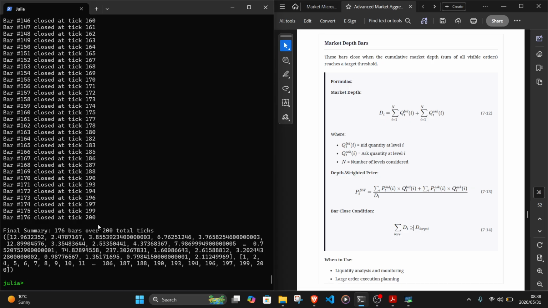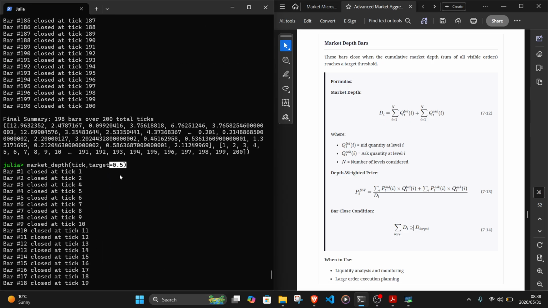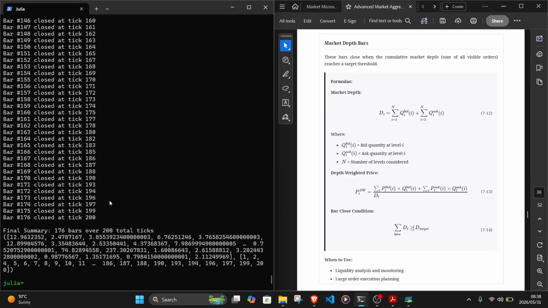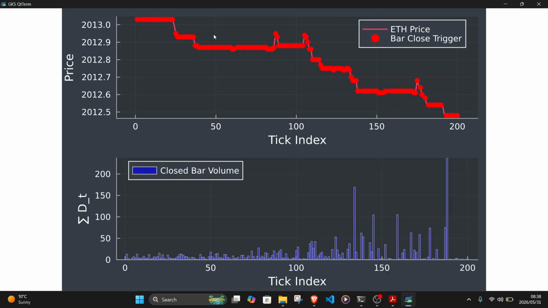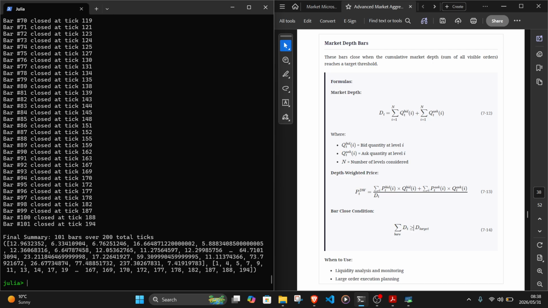Now, let's go look at that with a target value of 0.5, right? Here's the geometry. Now, I'm going to push this a little bit higher, to 5.5. And as you can see, only 101 bars over 200 total ticks met this condition, right?